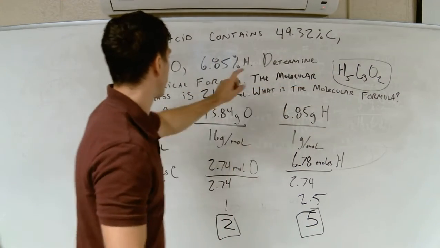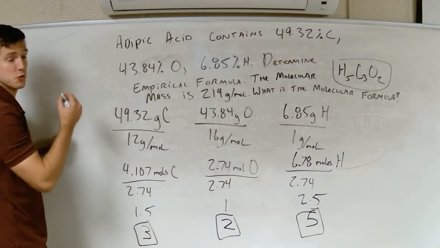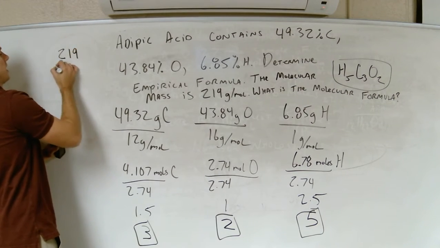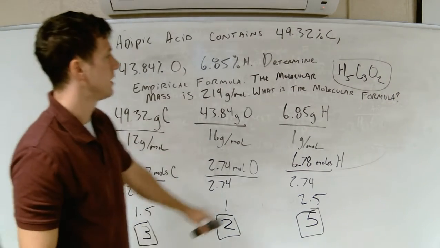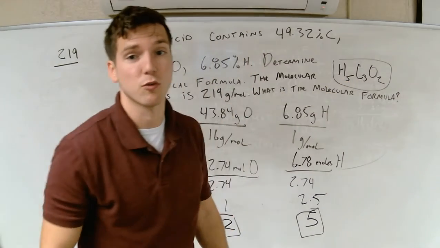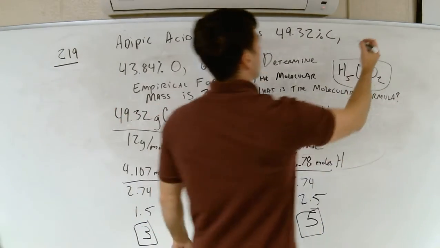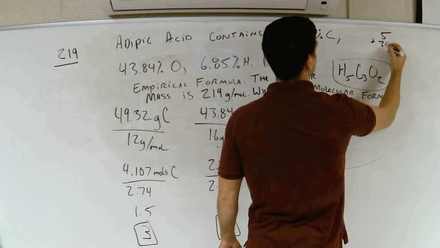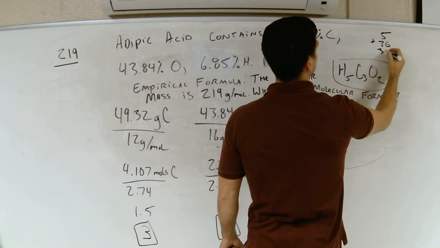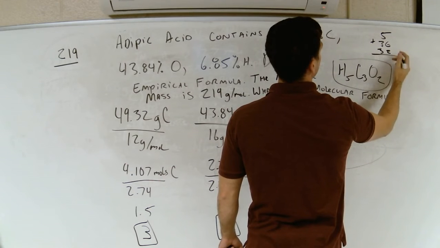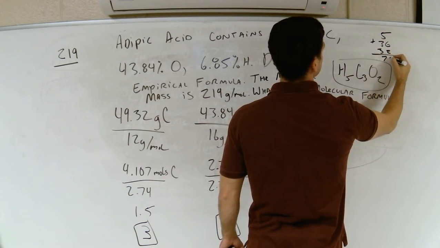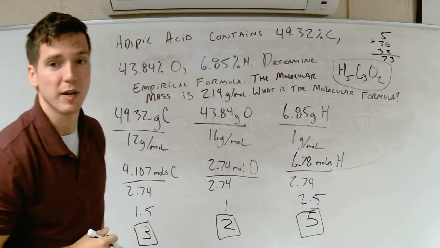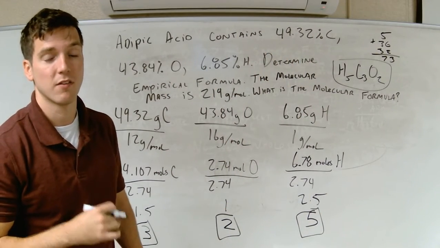So again, this is our molecular mass, which is 219. And we're going to divide it by the empirical formula molar mass, which is 5 plus 12 times 3 is 36, plus 32 is, looks like 73. 73 grams per mole for that empirical formula.